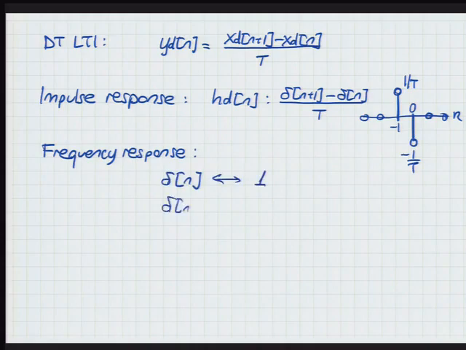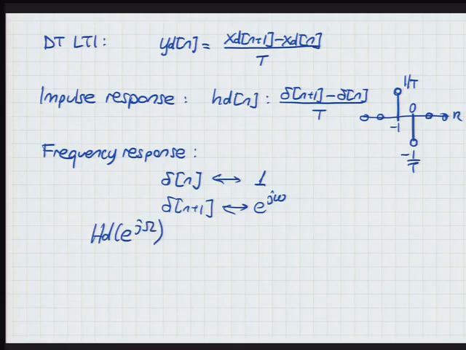Delta of n plus 1 gives e to the j omega, and therefore we have hd of e to the j, I will use the big omega, because soon we're going to have to deal with the little omega, which is for continuous time.